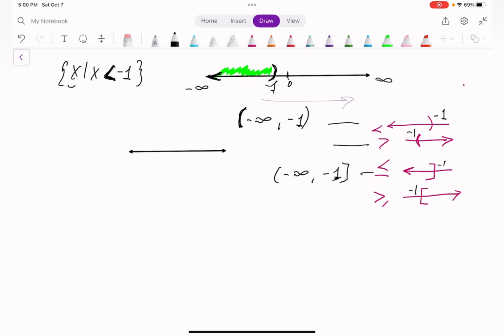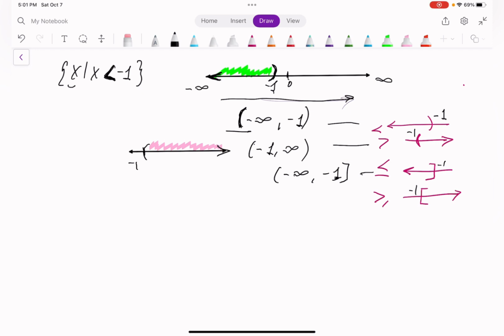If this is my -1 and I have greater than, I put parentheses this way, and greater than goes this way. The notation will be -1, positive infinity. If you wonder why positive infinity is in the second position and negative infinity in first position, remember numbers are growing from left to right.